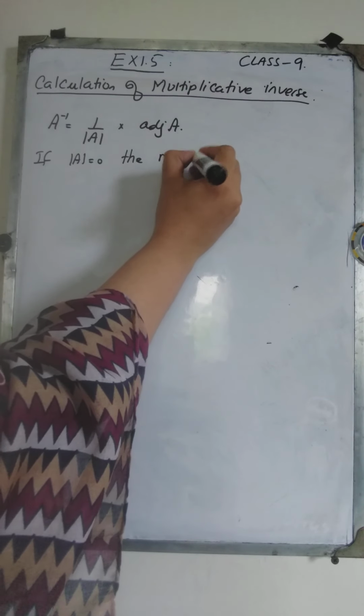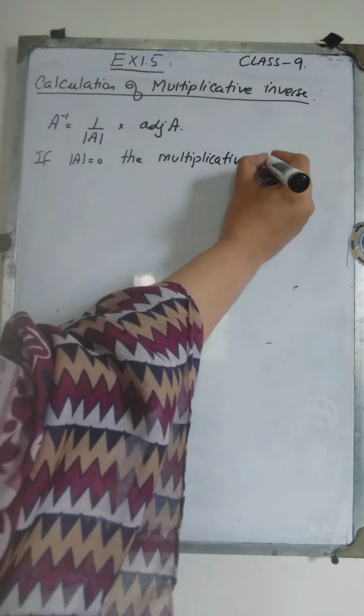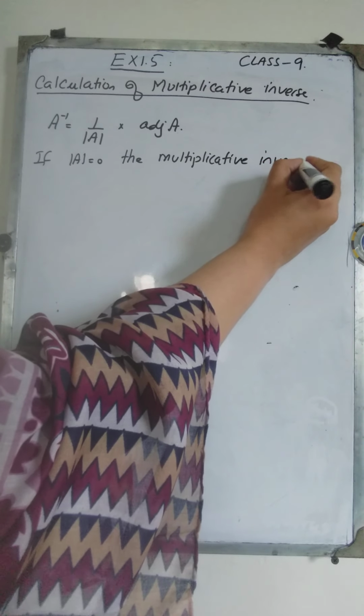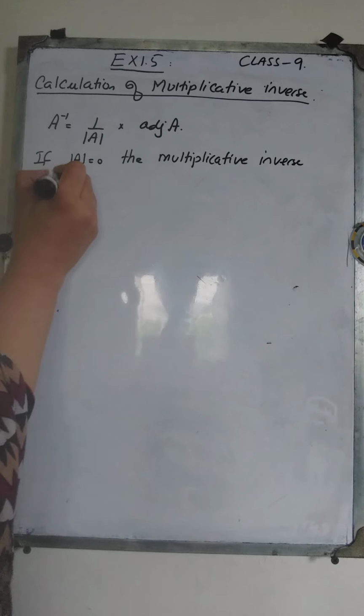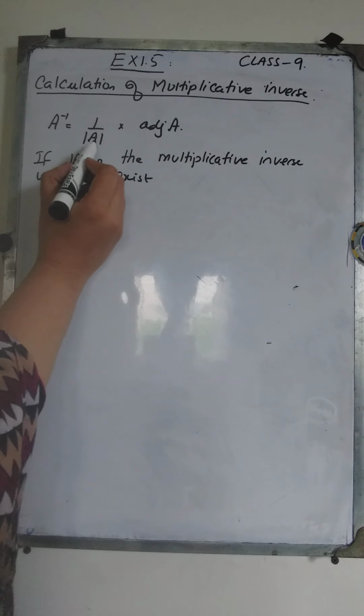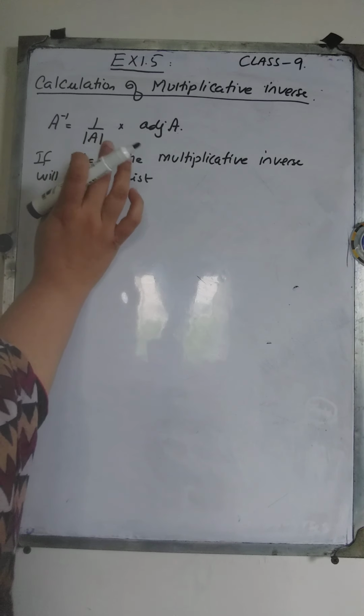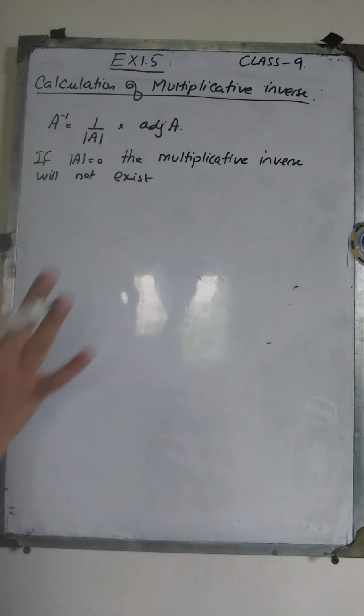multiplicative inverse will not exist, because a 0 in the denominator is not acceptable by us, because it gives us a number that is not defined, that we don't know about.